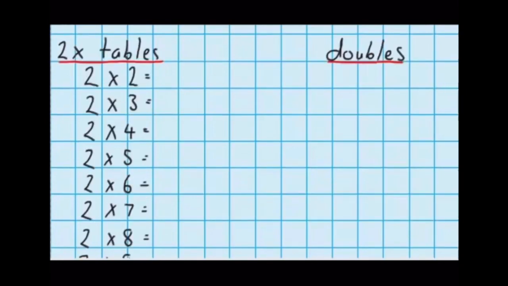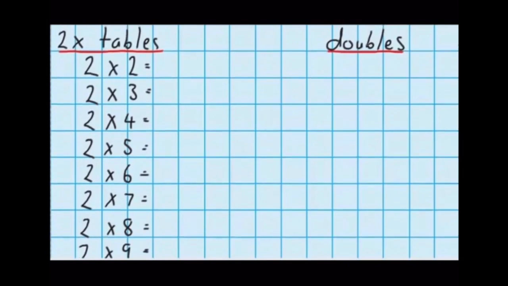Let's have a look at some other questions. You can see here I've written out all my 2 times tables, and over this side I've got a heading called doubles. What I want to do here is write down the double that will help me answer my 2 times tables. Let's start with this one, 2 times 2. That means I've got 2 groups of 2. So that must mean 2 plus 2. I know 2 plus 2 equals 4, so 2 times 2 must equal 4.